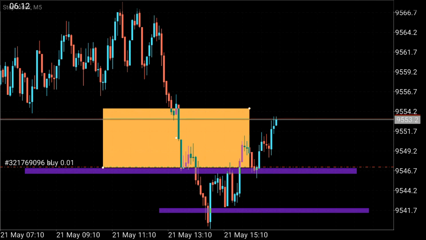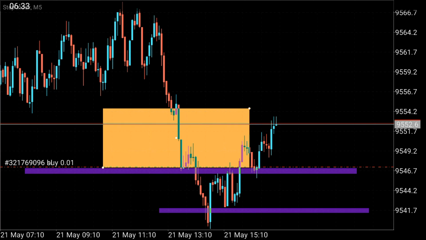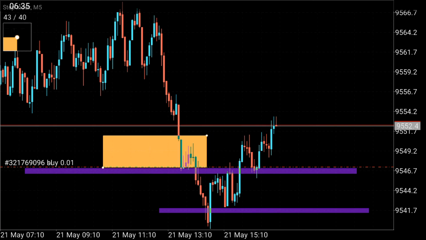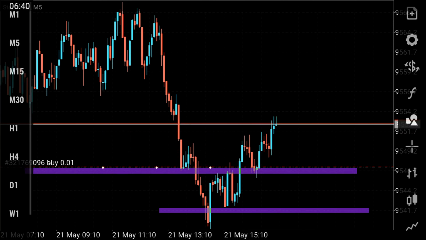You start moving your stop loss instead of placing a take profit, because there are chances that the market will continue. Okay, so make use of the Fibonacci retracement.